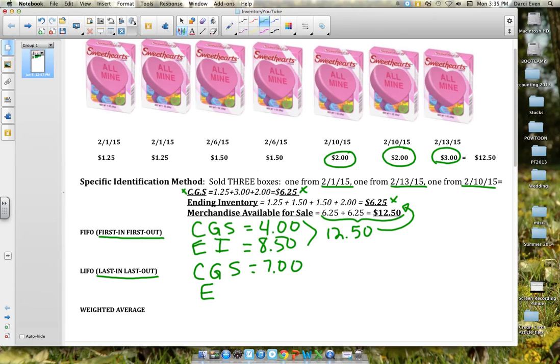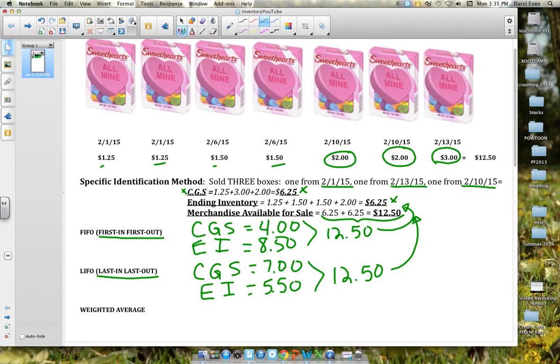The ending inventory is everything left over here, and that would be $5.50. We add those together and we get $12.50. Once again, that's the cost of the merchandise available for sale, and so we know we did it right. It came up to $12.50.